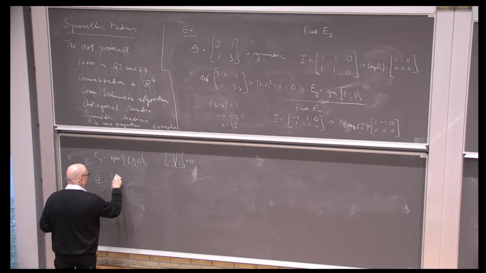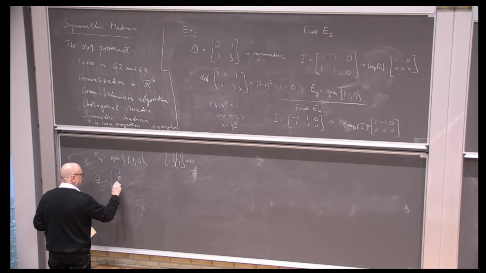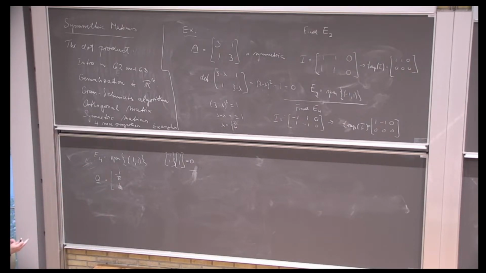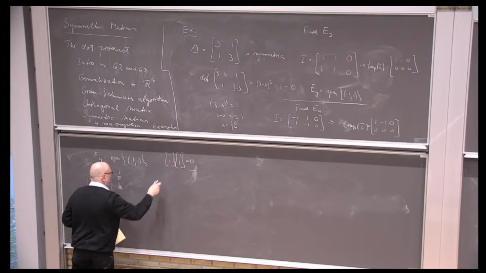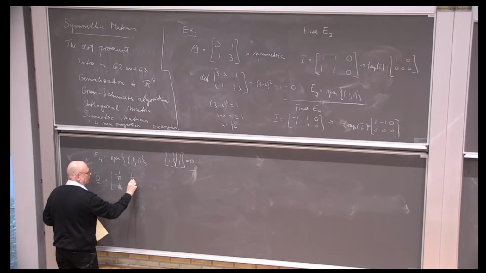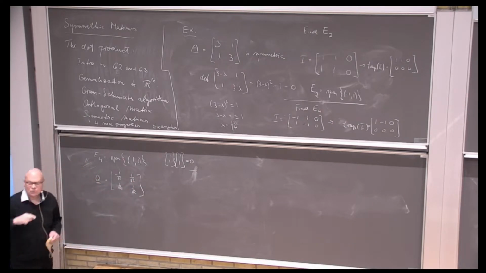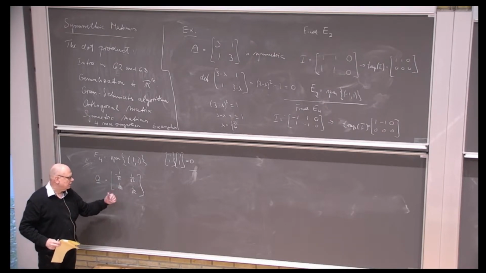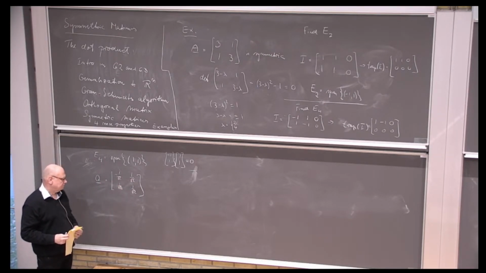I get minus 1 divided by square root of 2, and then 1 divided by square root of 2. The other vector is 1, 1, this one, and I norm it again like this. So this is an orthonormal basis. The two vectors are orthogonal, and the length is each 1.